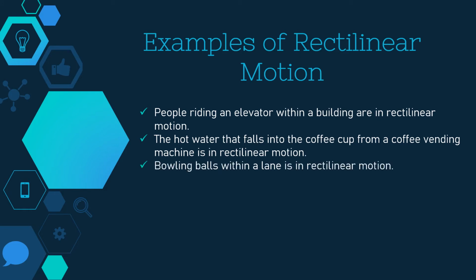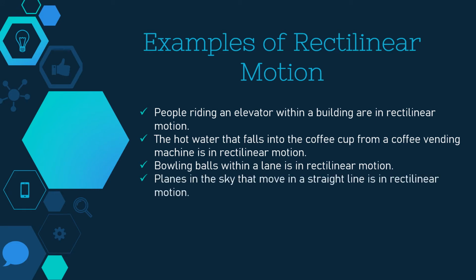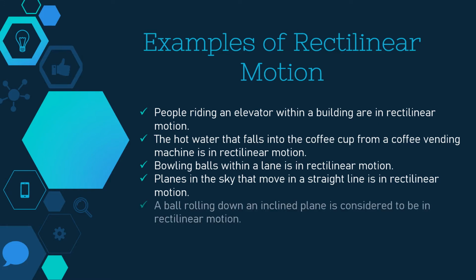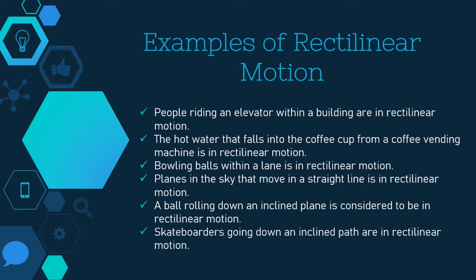Another example, bowling balls within a lane are in a rectilinear motion. Also, planes in the skies that move in a straight line are in a rectilinear motion. Another one is a ball rolling down an inclined plane, which is considered to be in a rectilinear motion. And of course, skateboarders going down an inclined path are in a rectilinear motion.